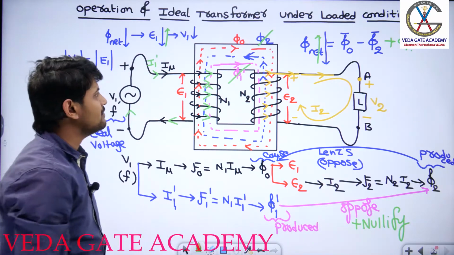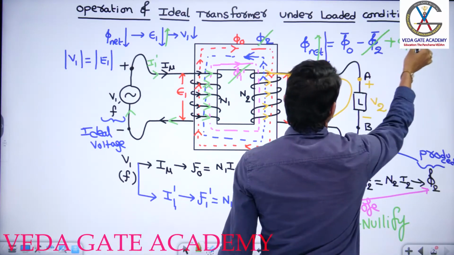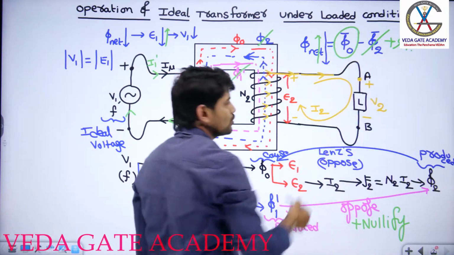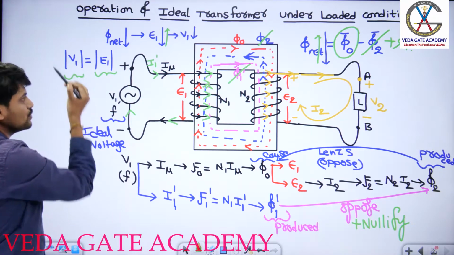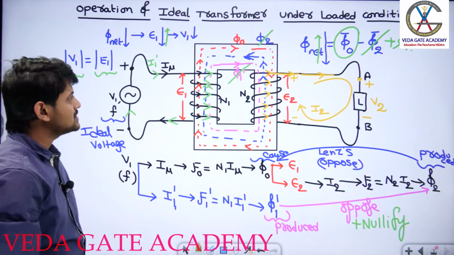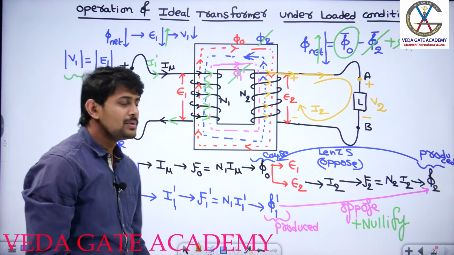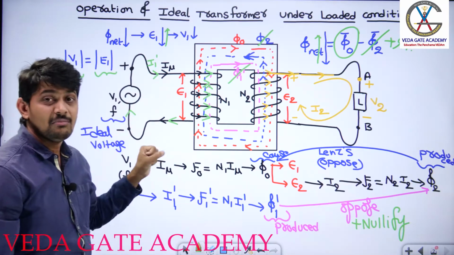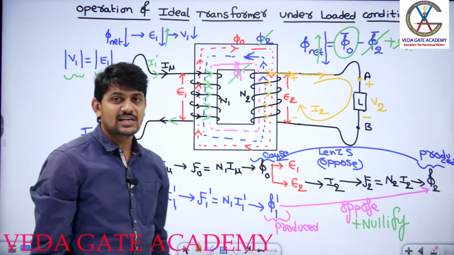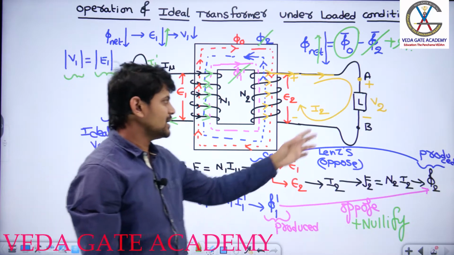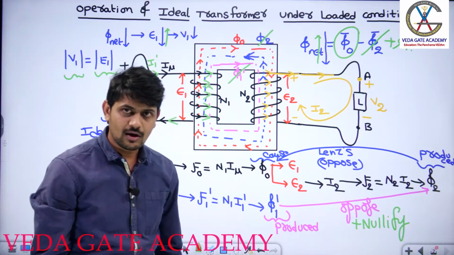The moment phi1 dash is completely cancelled with phi2, the net flux available will be the same as the no load flux. As the no load flux is linking, my E1 magnitude is exactly equal to V1 magnitude. So under loaded condition, the primary will automatically draw an extra component of current, which is used to nullify the secondary flux created because of the application of this load. Are you following what I am saying?